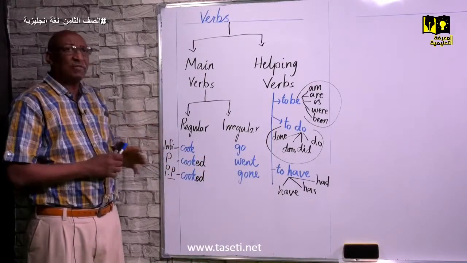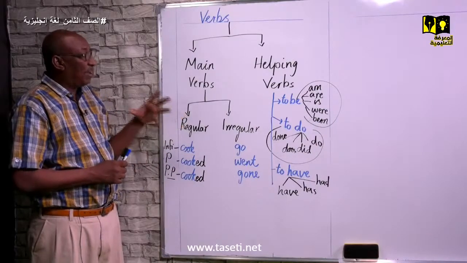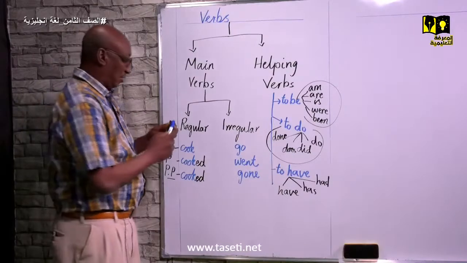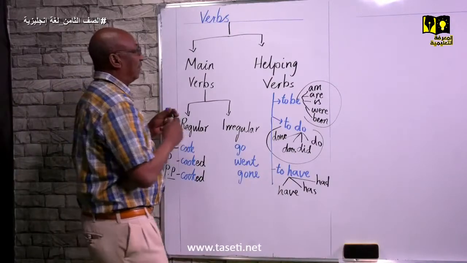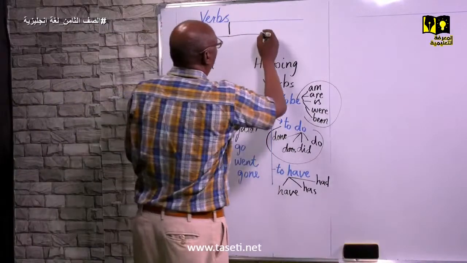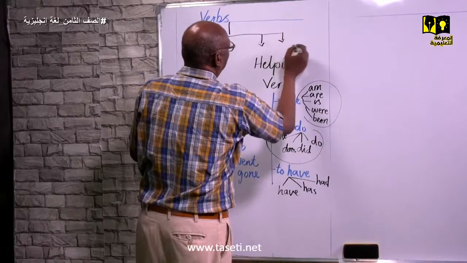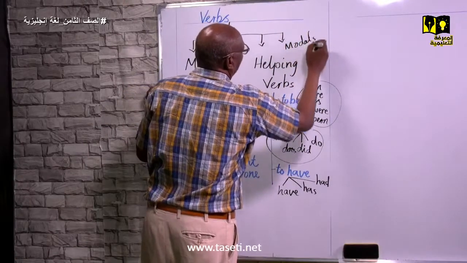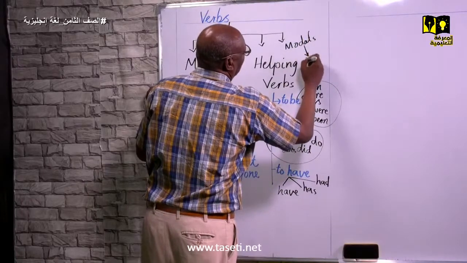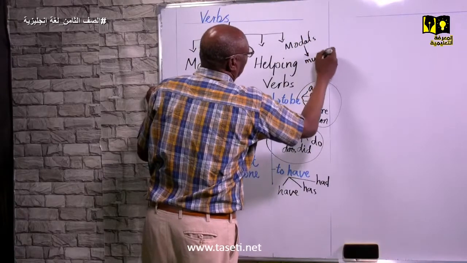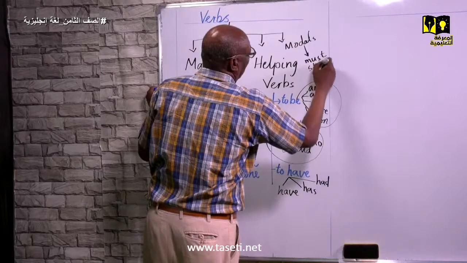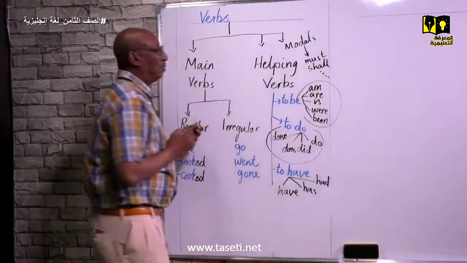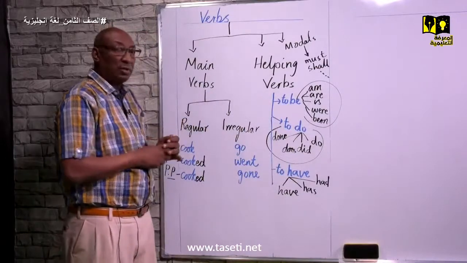And also we have the modal auxiliaries here. We have modals like must, shall, and so on. Will, would, or not.